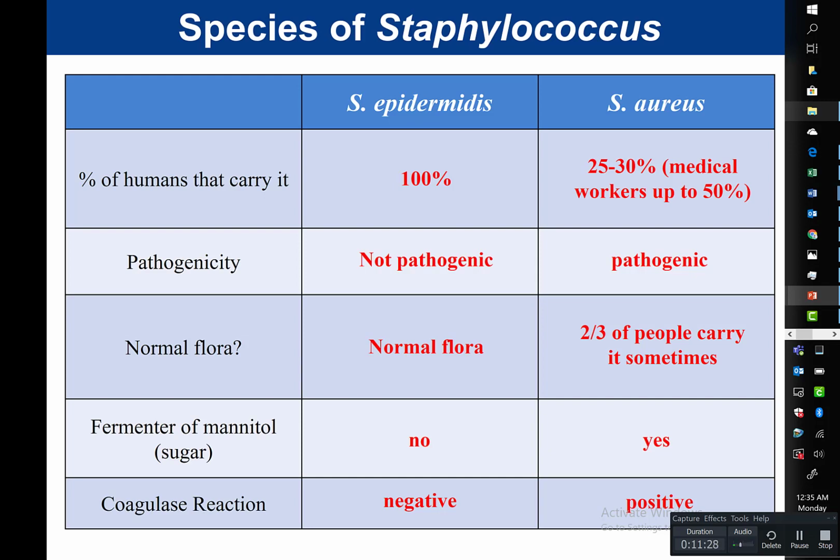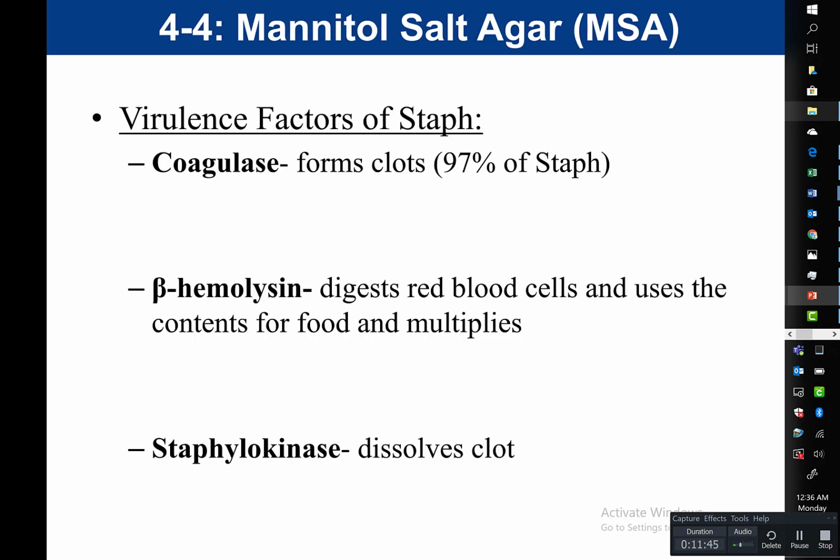And in a little bit, we will talk about why is coagulase important? Why does Staph aureus have this? And what you're going to see is that it does play a role in its pathogenicity, its ability to cause disease. So we are going to start by talking about a variety of virulence factors that staph can have.